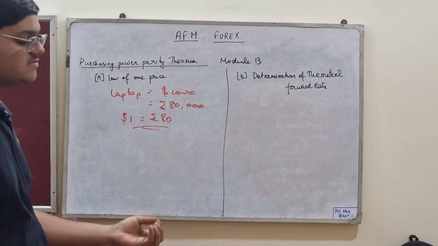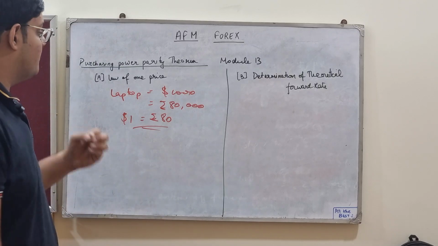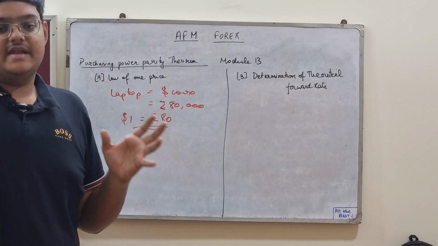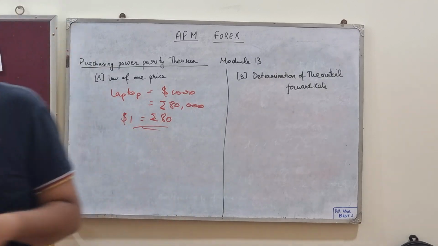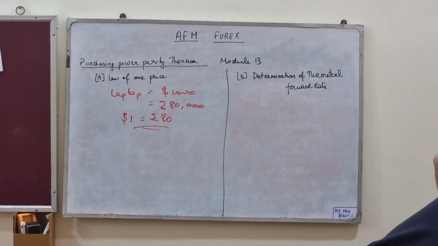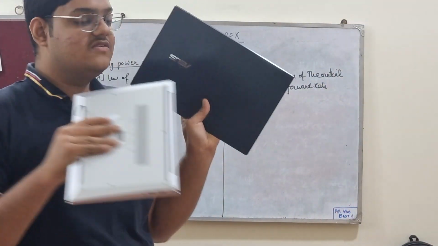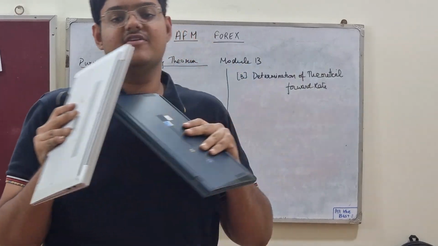Basically, if I'm getting this laptop for $1,000 and this same laptop for 80,000 rupees, that 80,000 rupees and $1,000 should be the same. But that won't work if, for example, I am buying one laptop in India and a different laptop in US. They have to be the same thing. Otherwise this will have a different value, this will have a different value.